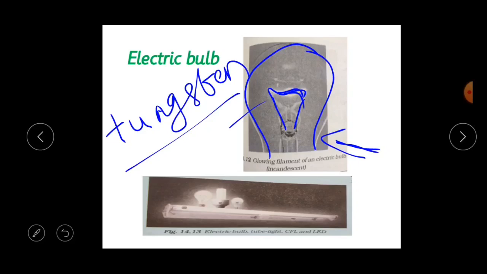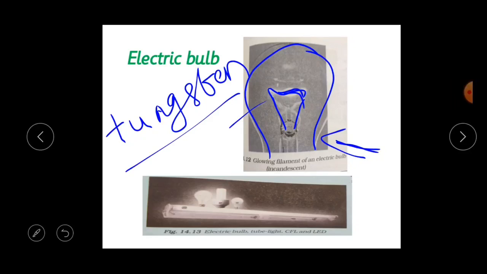Okay, so this type of light source which produces light on heating is called incandescent. This filament bulb is mainly used to emit light, but it also produces heat, isn't it?